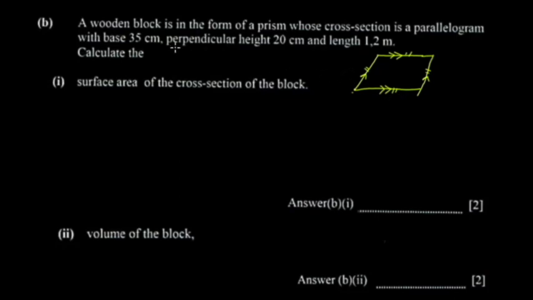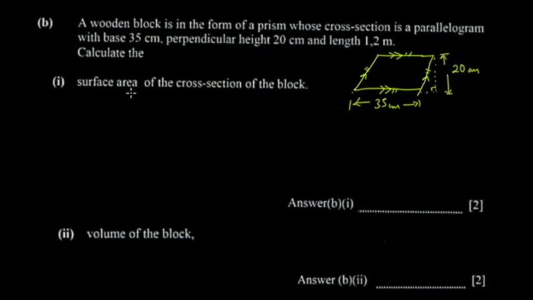And what's happening here is you're given the base is 35 centimeters. Okay, and you're also given the height is 20 centimeters, so the height would be this height here. Perpendicular height simply means it makes right angles with the base there, so it's 20 centimeters.